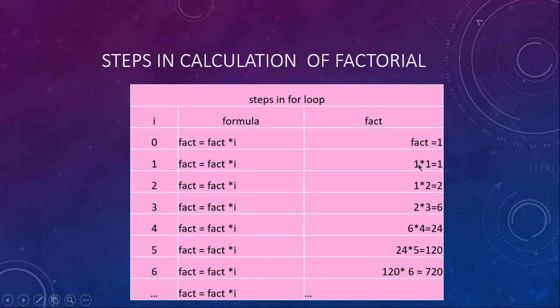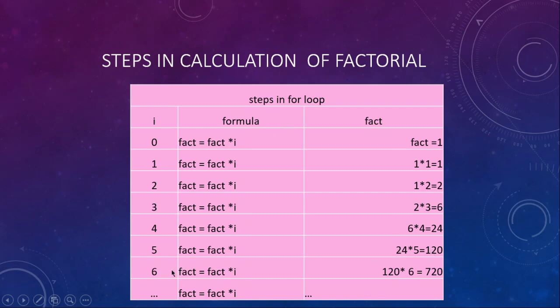So you can see now 1 into 1 is equal to 1. Now fact is equal to 1. Next step i becomes 2, so fact into 2, 1 into 2 is 2. Then in the next step i is equal to 3, fact is 2, so 2 into 3 is equal to 6. And now fact is 6, i is 4, so 6 into 4 is 24. And now fact is 24, i is 5, so 24 into 5 is 120.